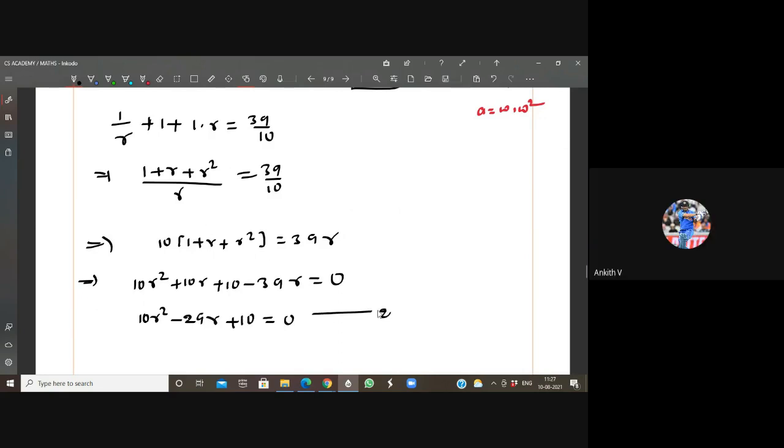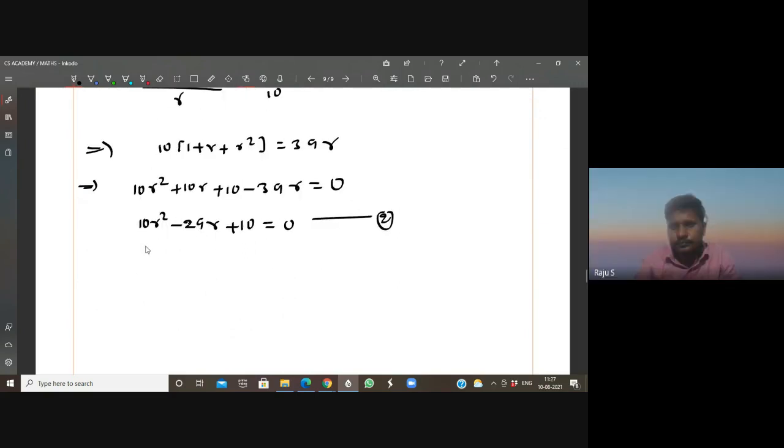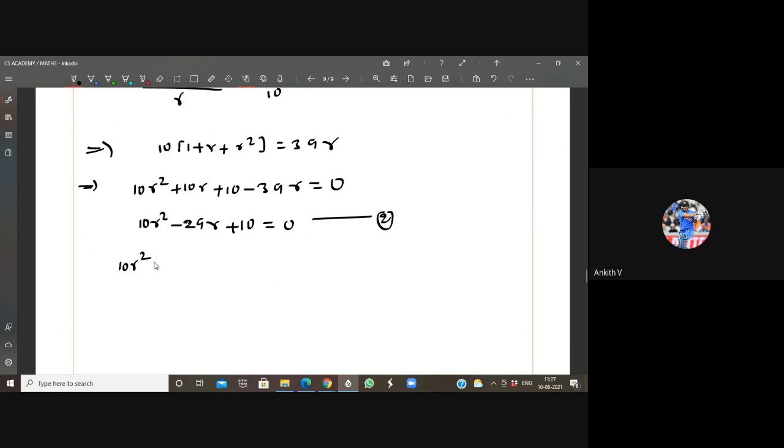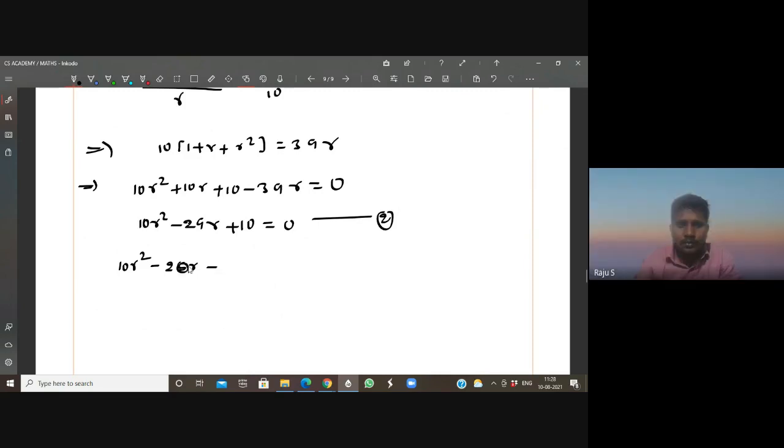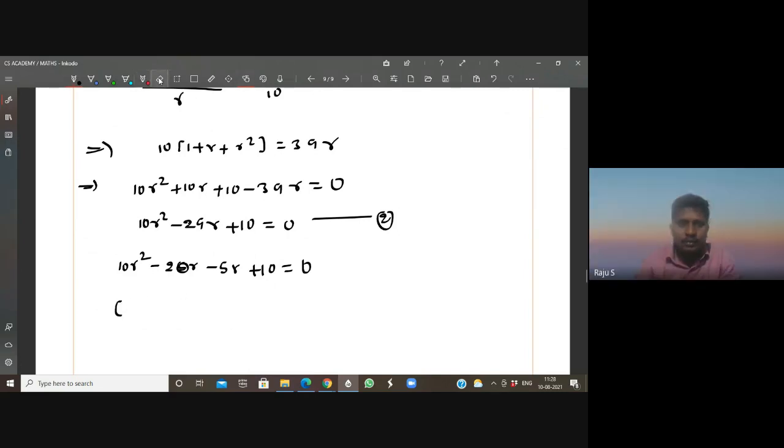Minus 25 and minus 4, sir. Divide by 10, sir, then we'll get the roots 5 by 2 and 2 by 5. So this can be written as 25 R and 4 R. The factors are 25 by 10 and 4 by 10.